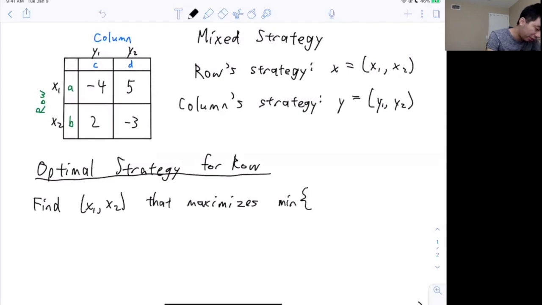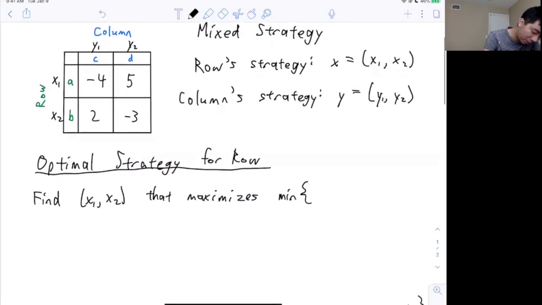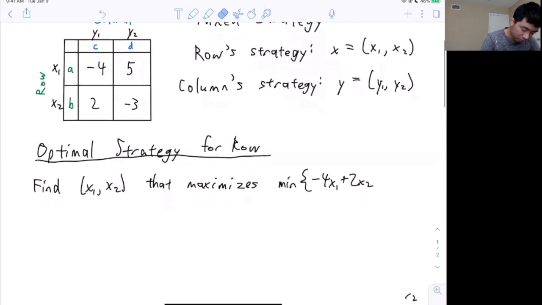So if column were to choose C, then the expected value of the game would be -4x1 plus 2x2. And then if the column player were to pick D, then the expected value would be 5x1 minus 3x2.